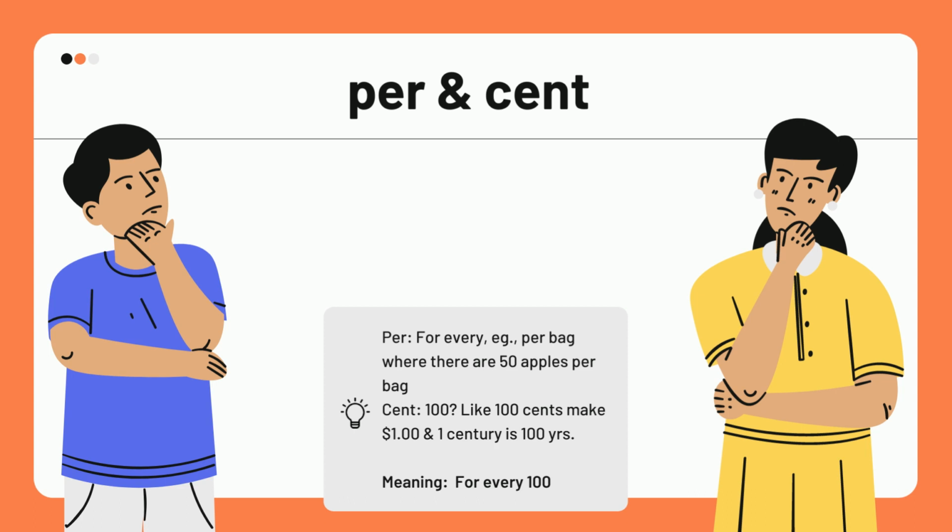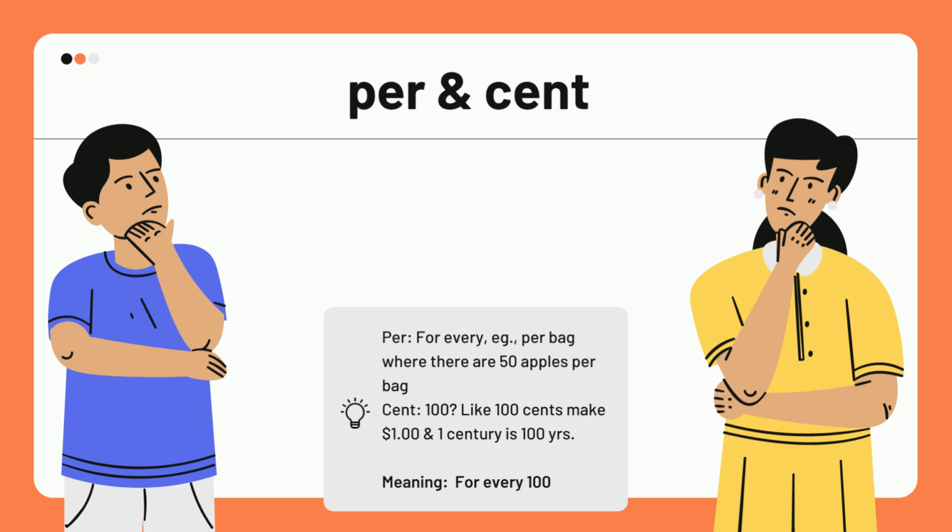There are 6 persons per van. There are 30 students per class. So the common thing is for every class, there are 30 students. For every van, there are 6 persons. For every bag, there are 50 apples. So the per here is saying for every, whatever that unit is, that is the amount that is in each.